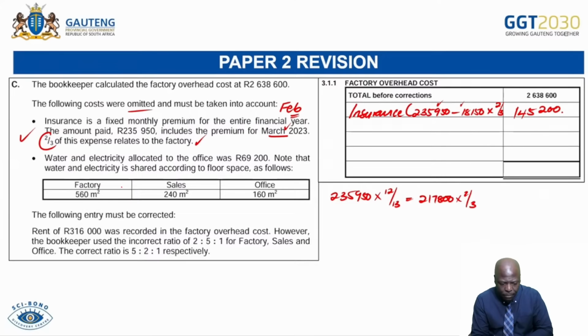Okay. So we're going to come to the next one, and it says, water and electricity allocated to the office was 69.2. Note that water and electricity is shared according to the floor space as follows. So we're coming here and we're going to say water and electricity, and we open bracket.